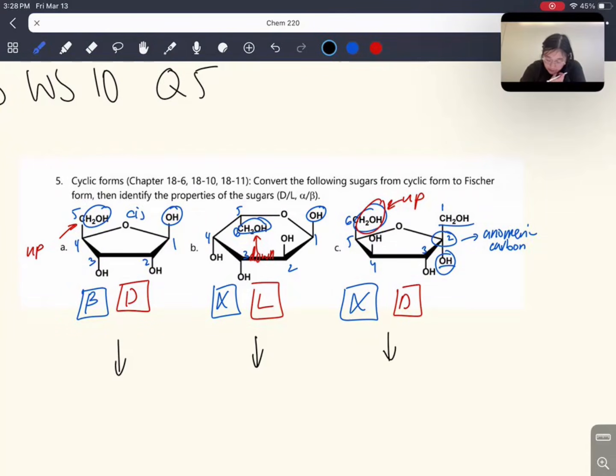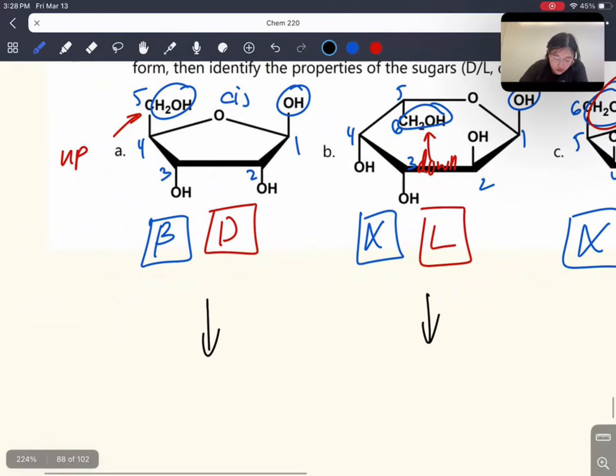Okay. So the next thing that we're going to do is convert them into their linear forms. If we take the first one, we see that we have 5 carbons.